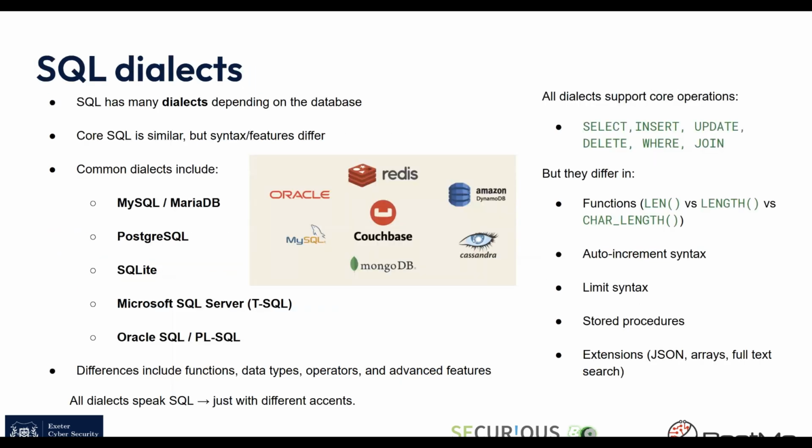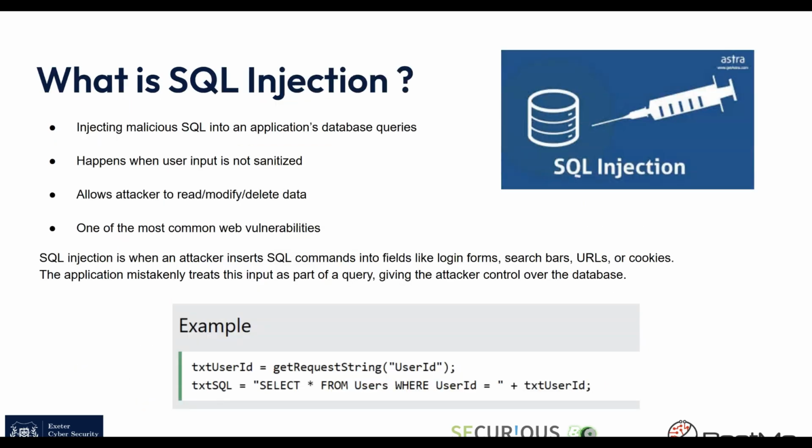As you've seen before, we have keywords: select, insert, update, delete, where, join, and I said SQL is almost English. So this query, just the second line, would say: select everything from my user table, where the user ID will be what my user inputs, which is text user ID here.